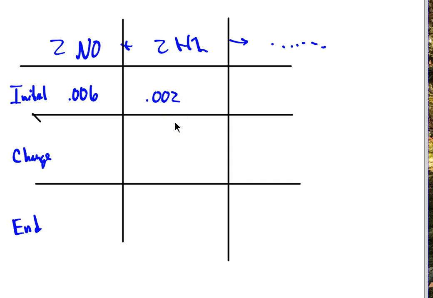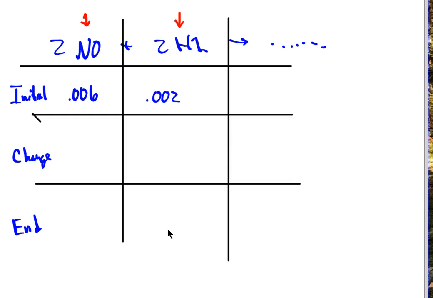All right, so far is that all right? We put the initial concentrations, it told me, in the initial row. We could do this for every part of the reaction, like where I put the dots, but I don't need to in this question because it wants me to compare this to that. So that's the only data I need.